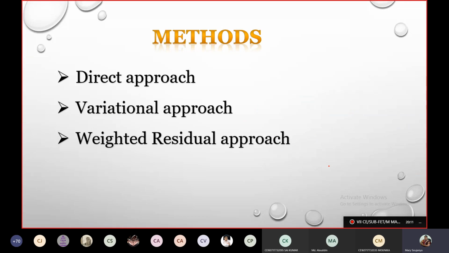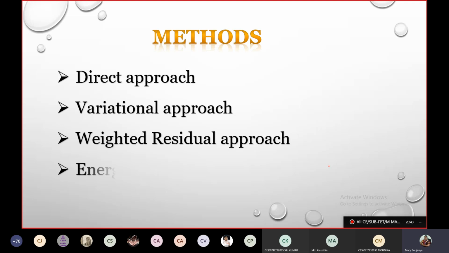When you formulate for different elements, which we see in the coming classes, we divide our big structure into smaller elements. Every element has its own properties to be solved, so we take an individual approach depending upon the ease of solving the element. You can note down: the Rayleigh-Ritz method comes into the variational approach, and Galerkin's method comes into the weighted residual approach.